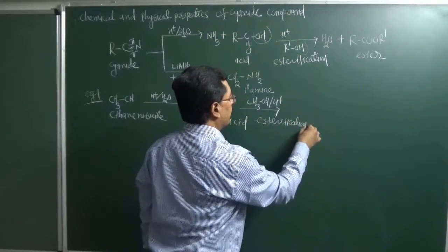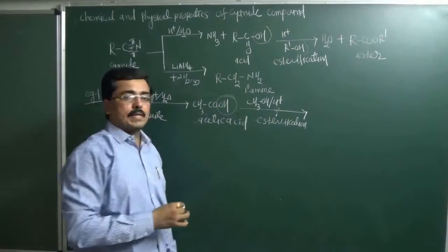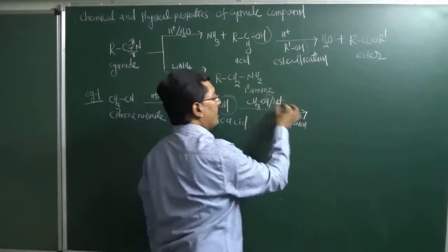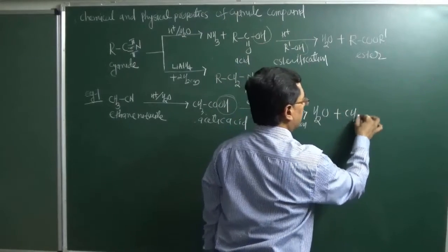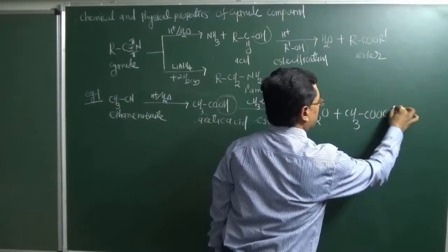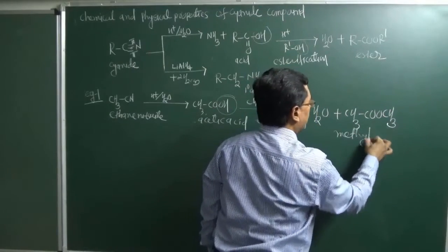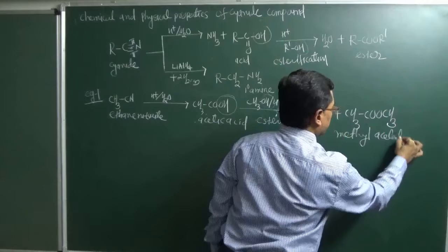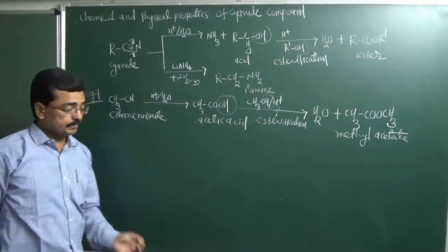By using this esterification process, the hydroxyl group from the acid and hydrogen from the alcohol are removed in the form of a water molecule, and as a result we will get the structure known as methyl acetate. So methyl acetate is possible to prepare by using this method.